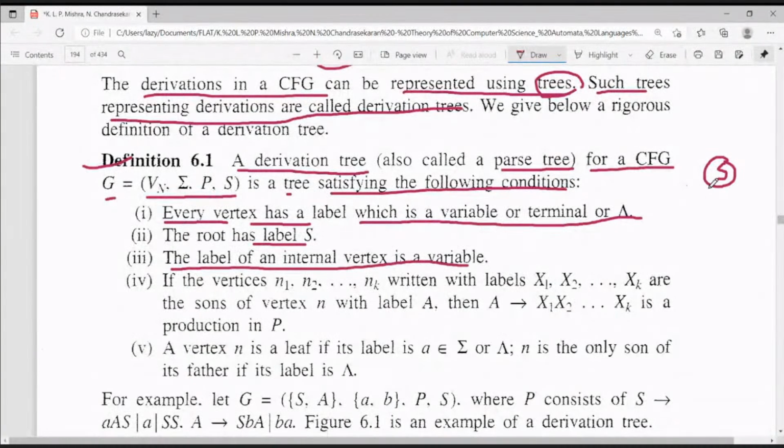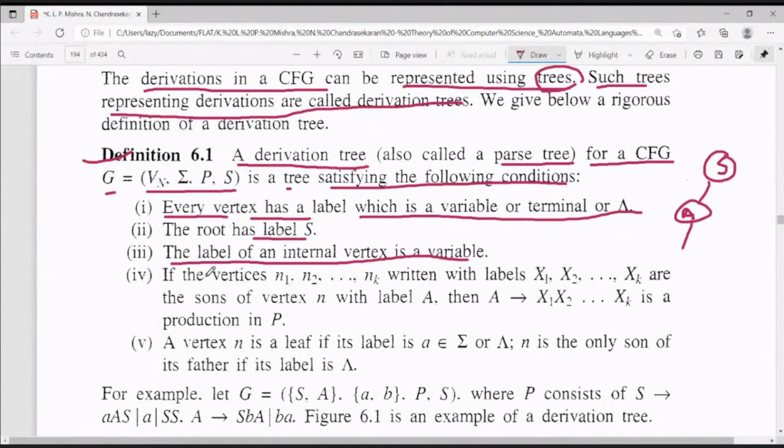So if it is an internal vertex, it has to be a variable. We cannot have terminal if it is an internal vertex. We'll see example of that here.